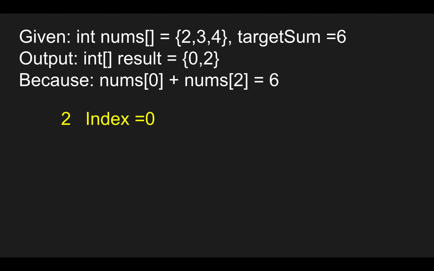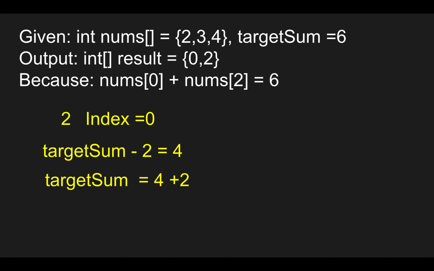Now we look for its complement, that is target sum minus 2, the value equal to 4, so that we can have a target sum of those two values. And eventually we find that on index 2. That's why our output integer array has values 0 and 2.